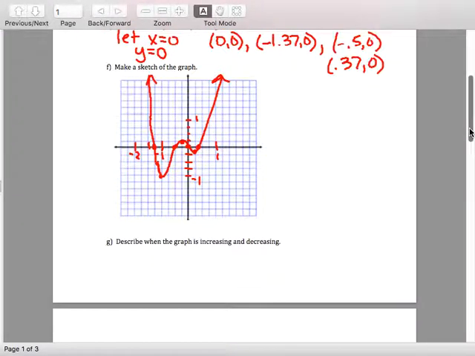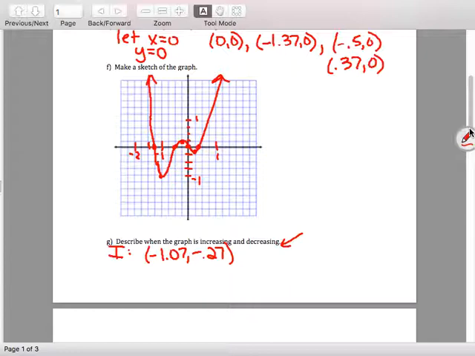So now, increasing and decreasing. Yesterday I introduced it, but I did not expect you to really master it yet. Today, I'm hoping we'll get a better understanding, but still not complete mastery yet. We'll keep at it. Do you see it's increasing from this valley to this hill? So this is negative 1.07 to negative 0.27.